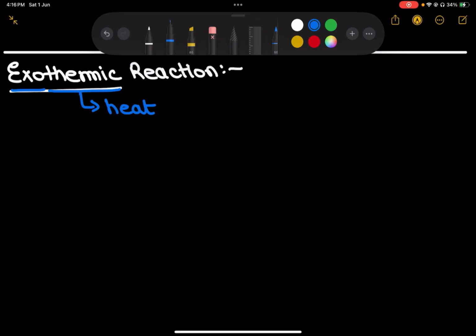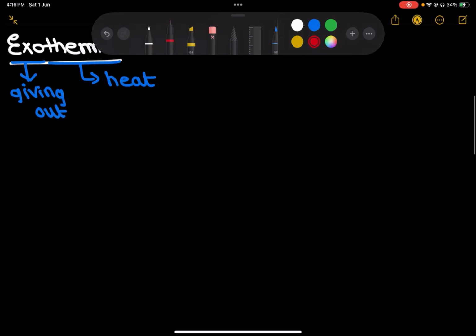Okay, so exo in layman's language means giving out or releasing. So giving out heat. Exothermic means giving out or releasing heat. So basically, in this type of reaction, heat is released.